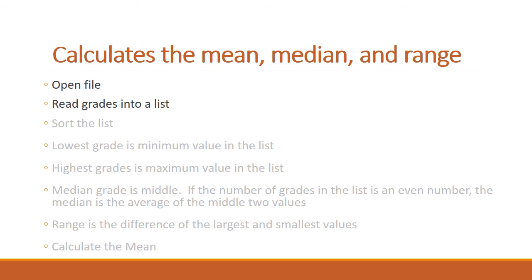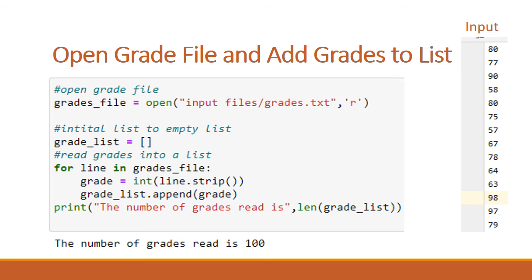So let's first consider opening the grade file and reading the grades into the list. In this code segment, we first open a file called grades.txt, which is in the input files subfolder.